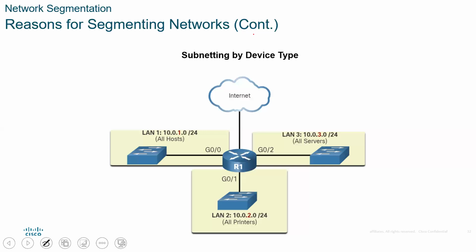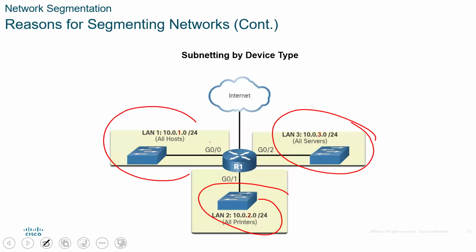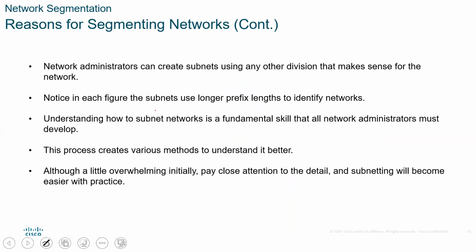We can also do the subnetting based on device type. We can have a subnet for printers. We can have a subnet for servers. We can have a subnet for hosts, things like that. So these are some of the reasons we can have our subnets.